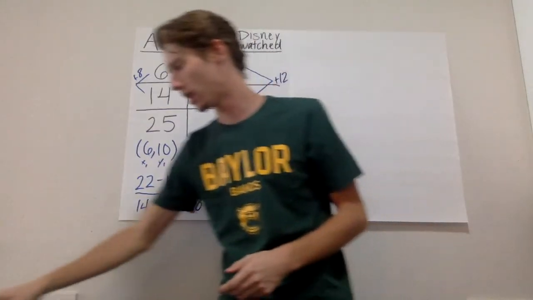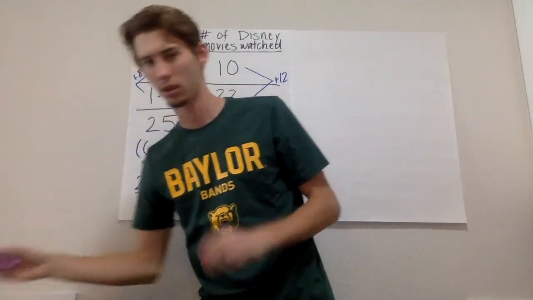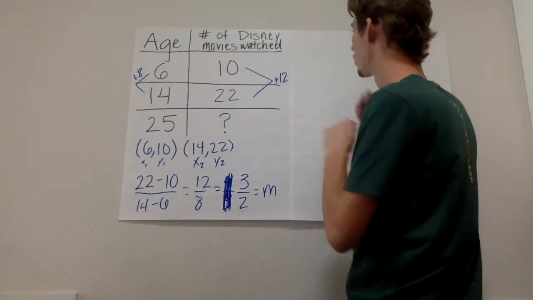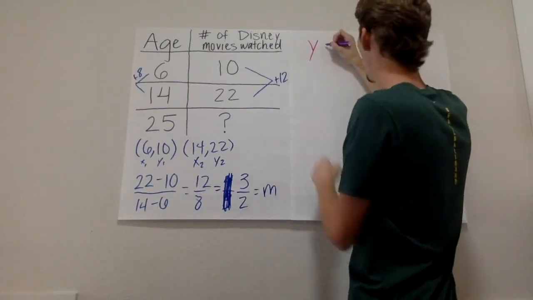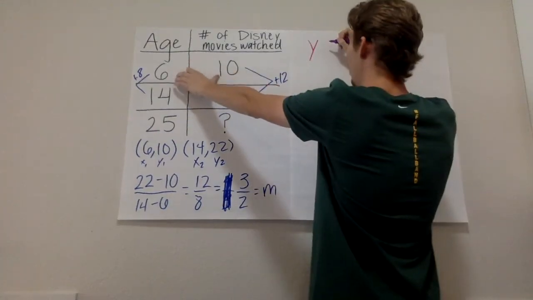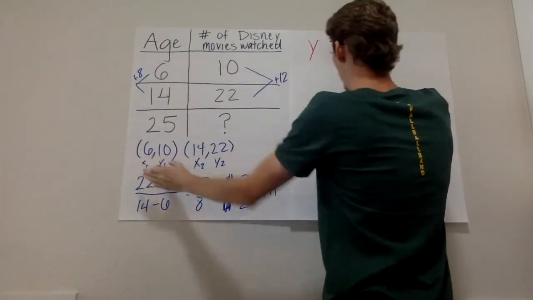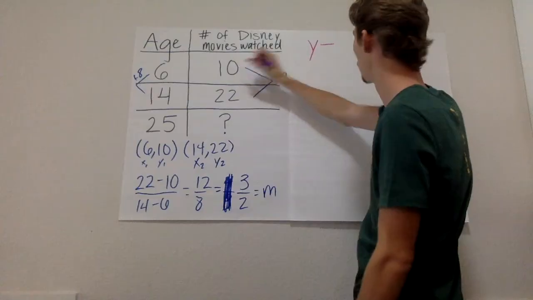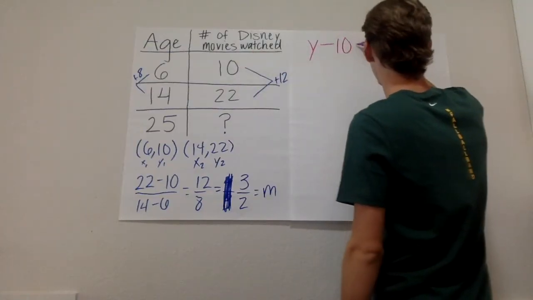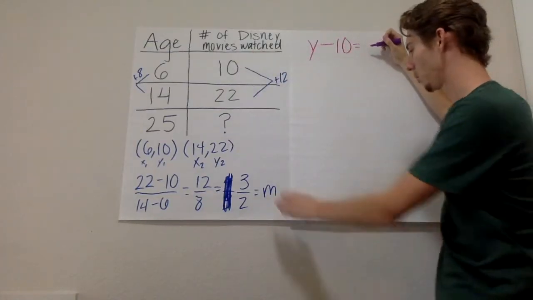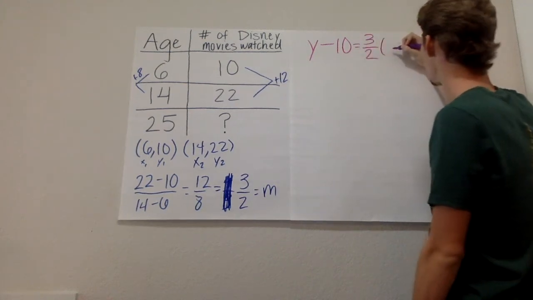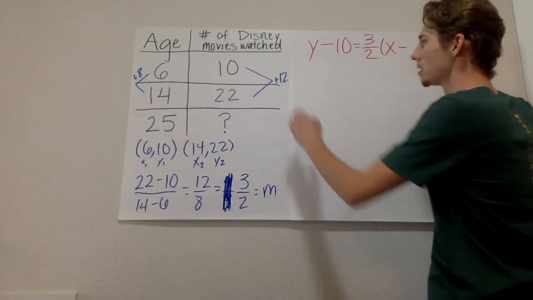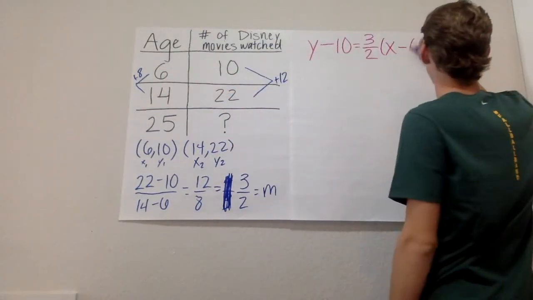We can now write an equation to start plugging things into. So we've got y minus y1, which I'm going to use 6, 10, since that was what I used over here. So y1 would be 10, equals m, which we figured out to be 3/2, times the quantity of x minus x1, which is going to be 6.